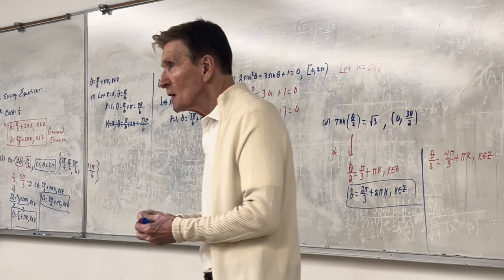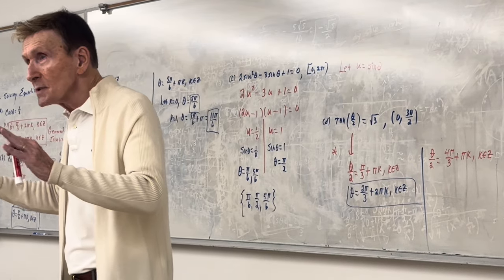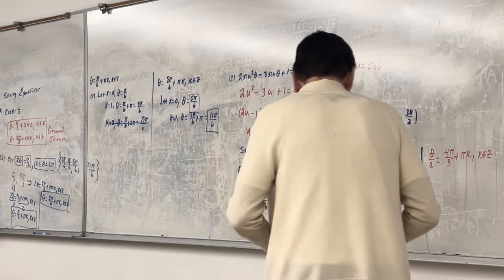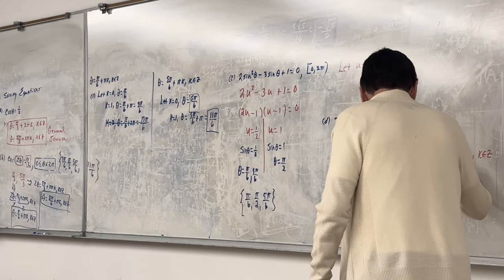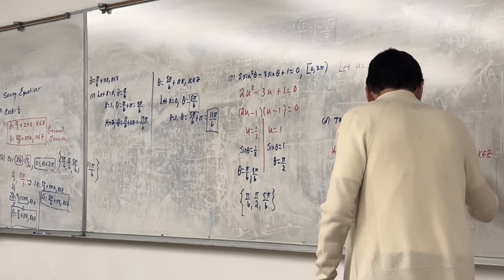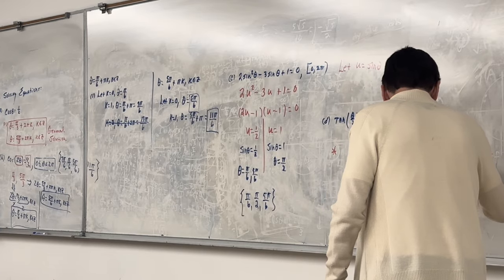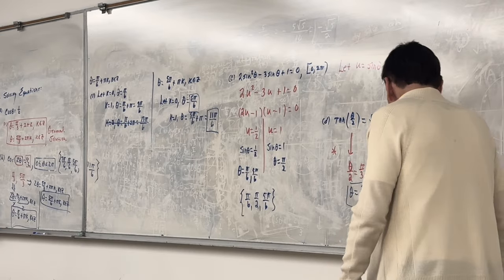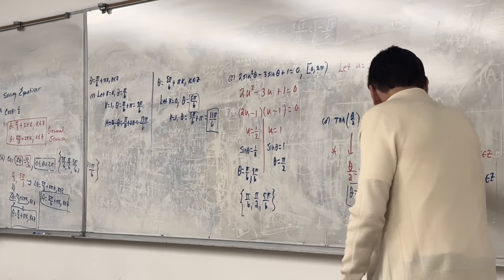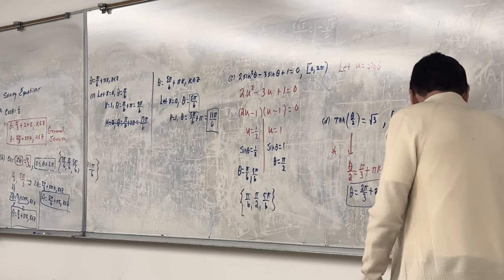Is that true, guys, if I have the right angles? Now if I multiply this one by 2, we're going to end up with 8 pi over 3, plus 2 pi k. That's another general solution.